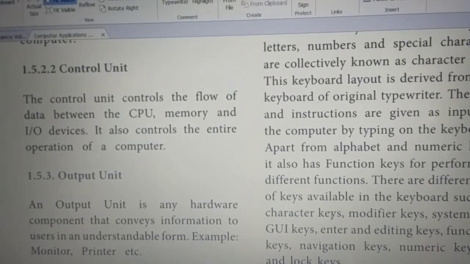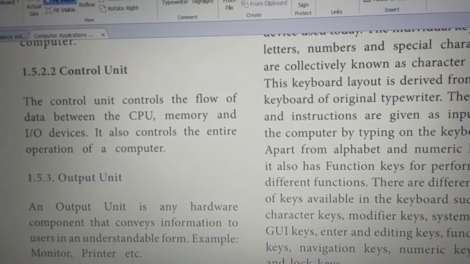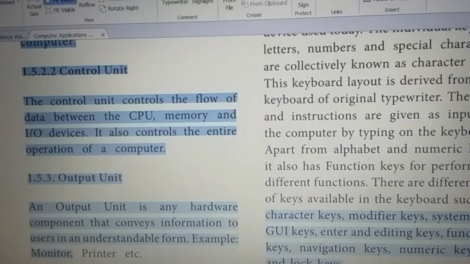The different keys available on the keyboard are the character keys, modifier keys, system and GUI keys, enter and editing keys, function keys, navigation keys, numeric keypad and lock keys. This is all important.